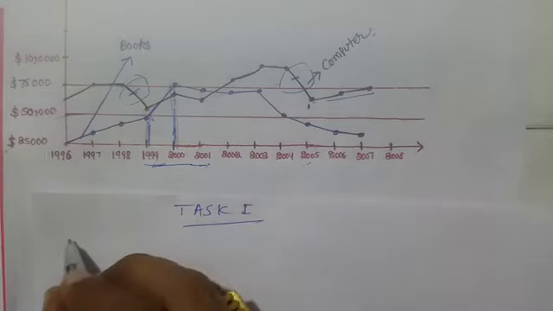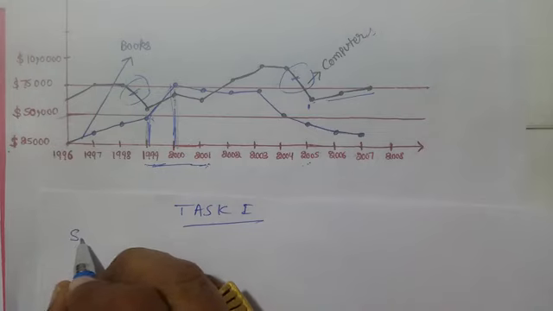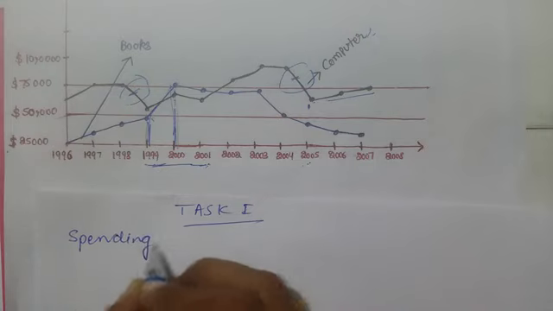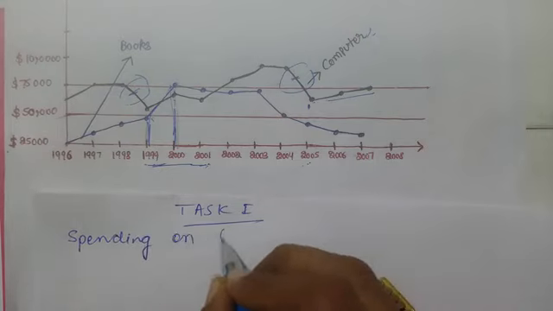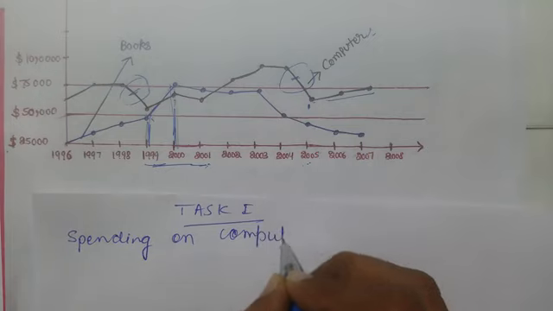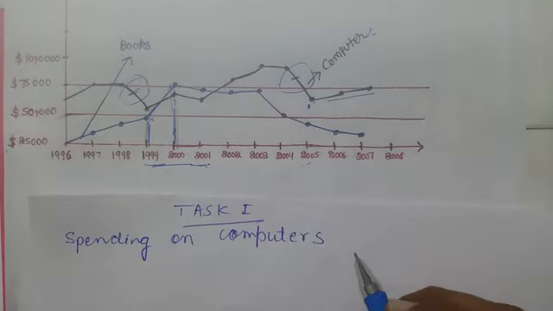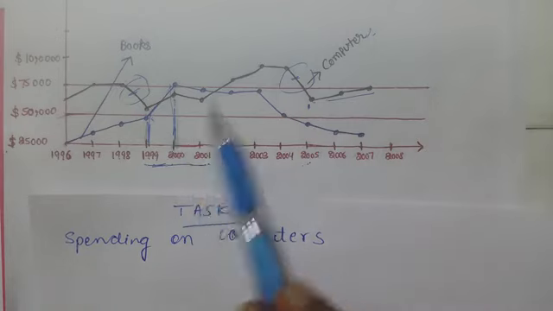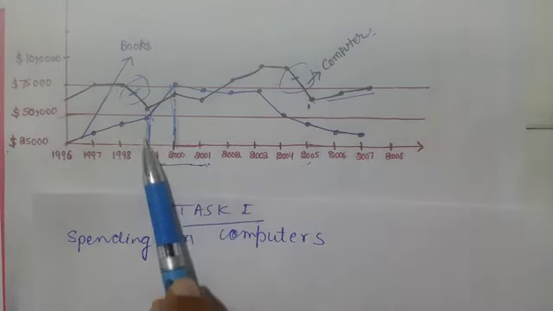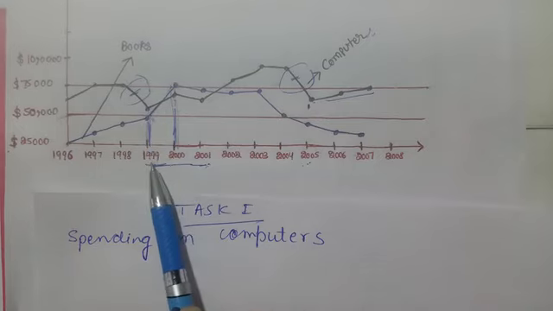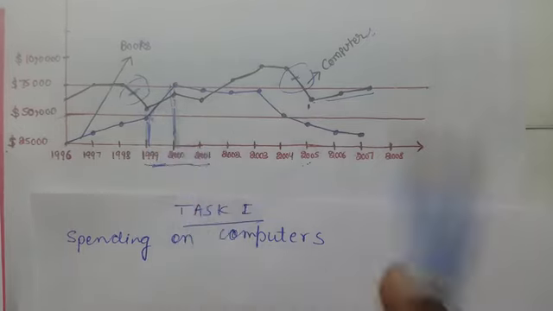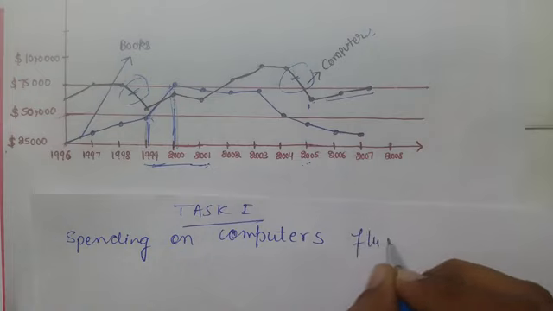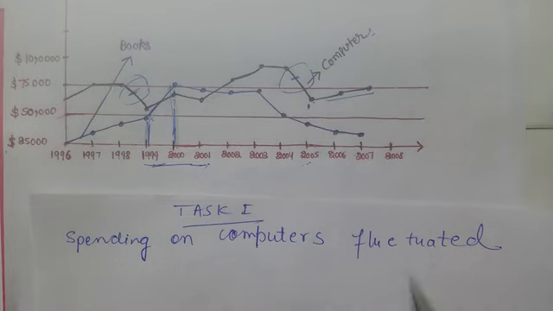And how I'll write the line: first I'll pick the word spending on computers. Then you can check here, this is my period, that is 1999 to 2001. So it fluctuated. I am going to use the word fluctuated, but it should be an attached word.